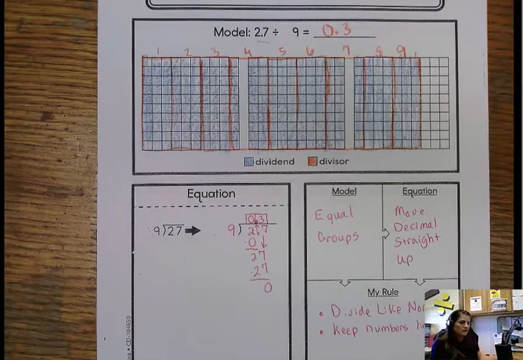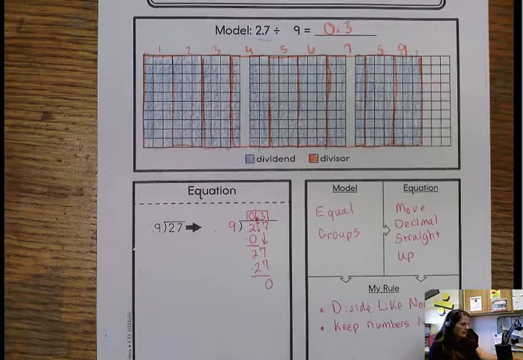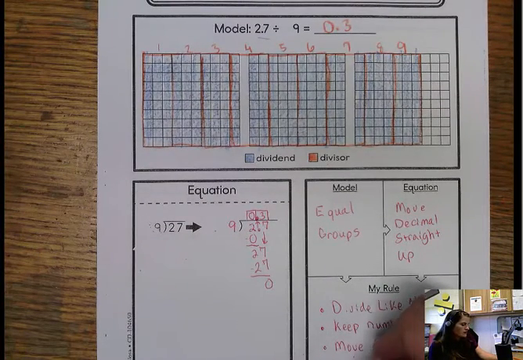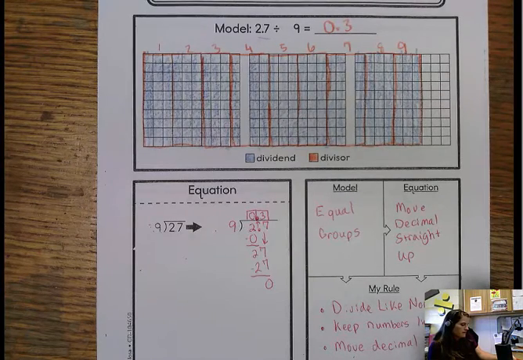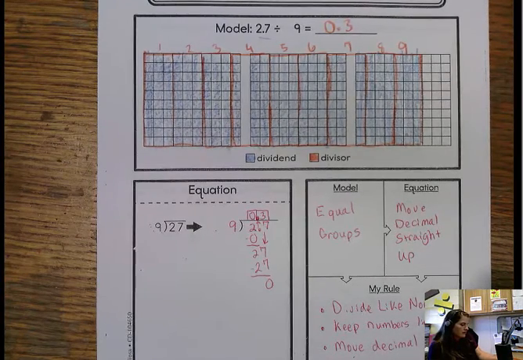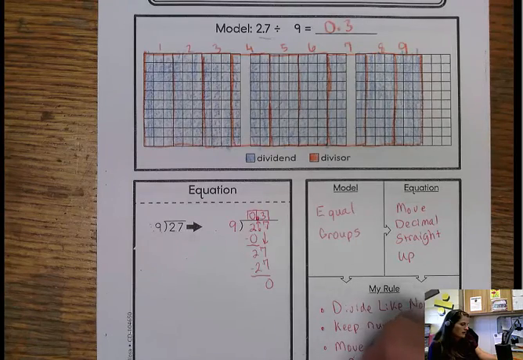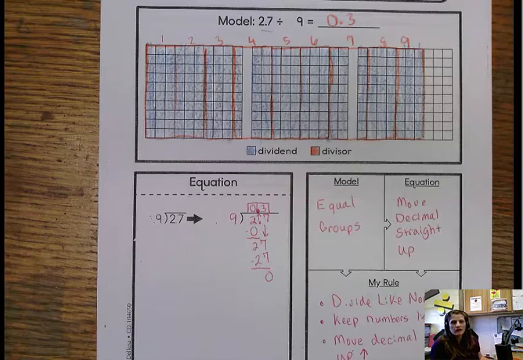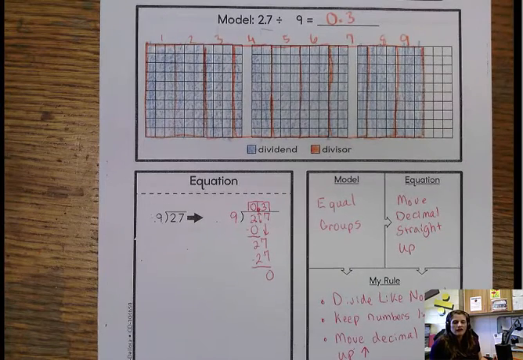So we kept our numbers lined up. And then we move our decimal straight up. Okay, and I'm going to just draw a little arrow there. So we moved our decimal straight up. Okay, and that is all there is to it.